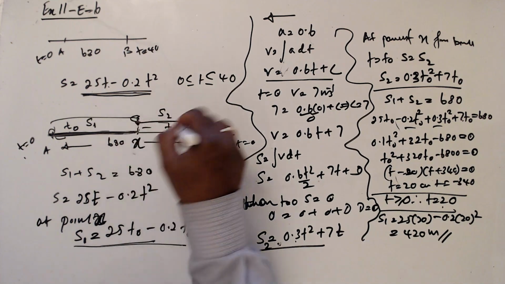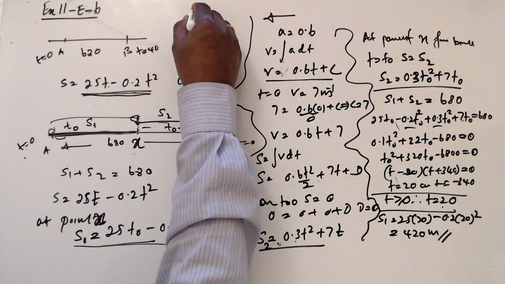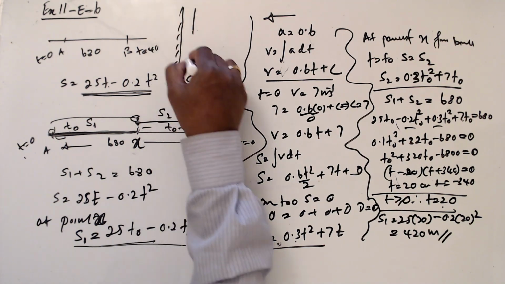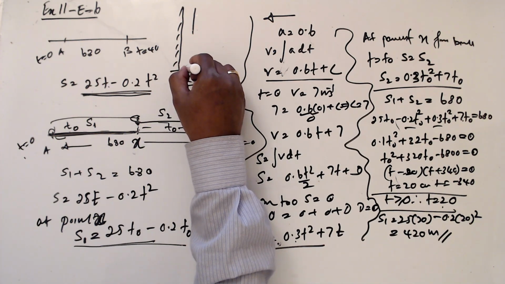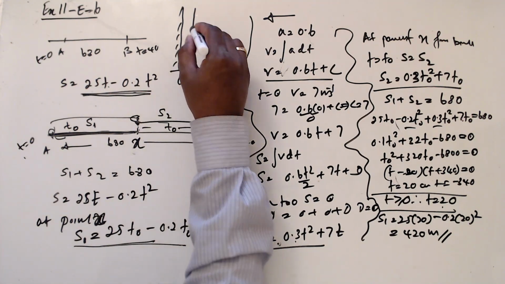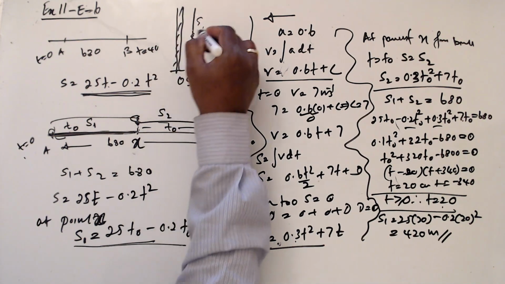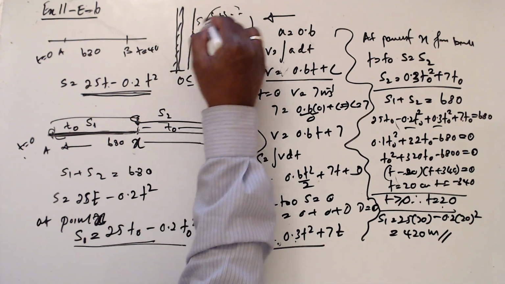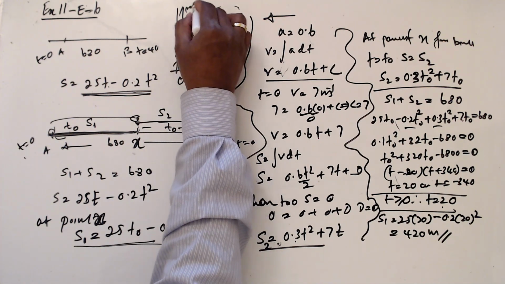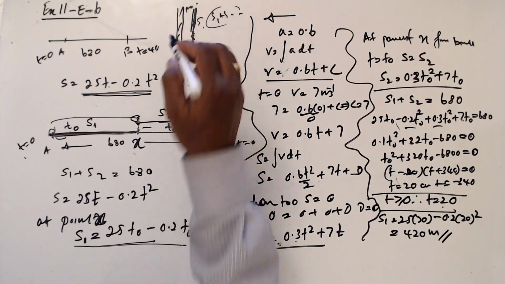We worked out a similar sum previously. A ball falls from this building, and another ball is projected from here with a speed, and they are meeting. So we need to find the distance and the time. So this height is given as s1 plus s2, and the hitting time is the same: at t equals 0 it was released, and at t equals 0 the other is projected, the same time it took to travel.